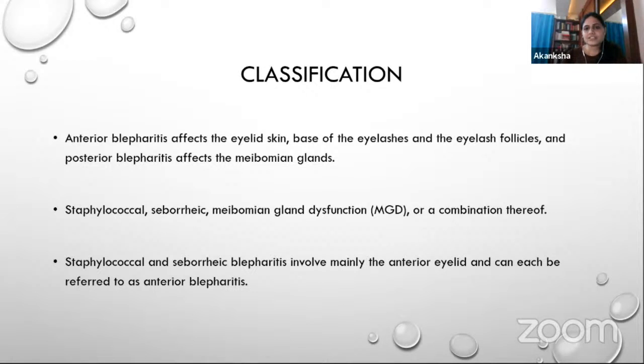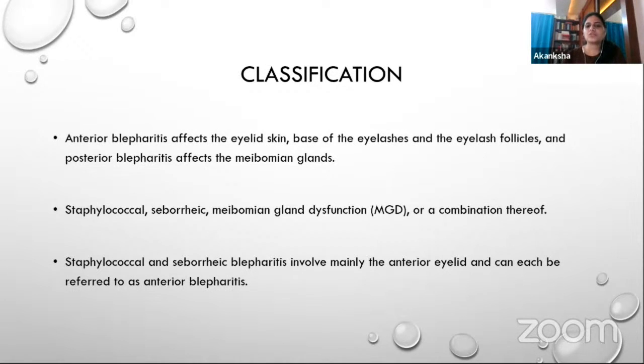Classically, we described blepharitis and classified it into anterior and posterior, where the anterior was said to involve the eyelid skin, the base of the eyelashes, and the follicles, whereas posterior was said to affect the Meibomian glands. And that is why there was kind of an overlap, in the sense that it is described in many studies as Meibomian gland dysfunction itself being synonymous with posterior blepharitis.